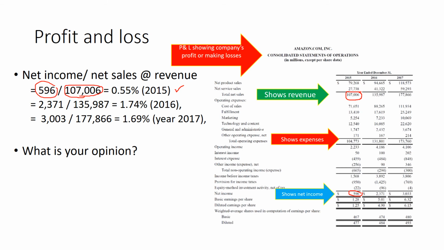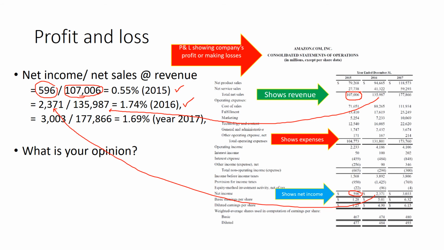For 2016, your net income will become 2,371, and your revenue is 135,987. After we calculate, we will see that the margin is only 1.74%. It means that for each 100 ringgit, you will get back 1 ringgit and 74 cents.